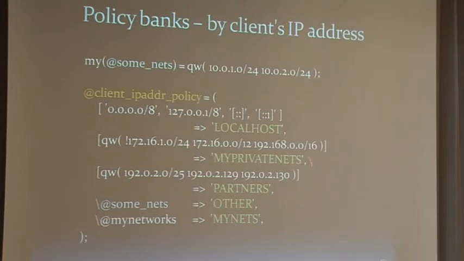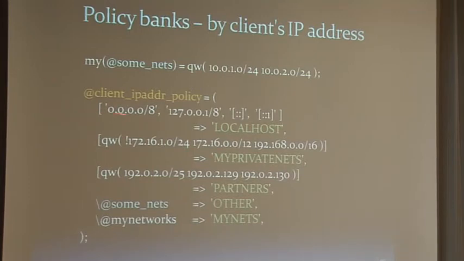Here's a syntax to do it. I won't go into details. It's a list of IP addresses or address ranges. I've used both syntaxes just for diversity and as an illustration.